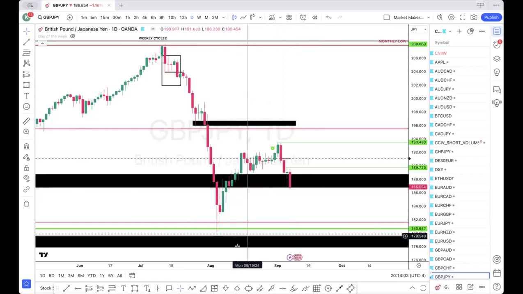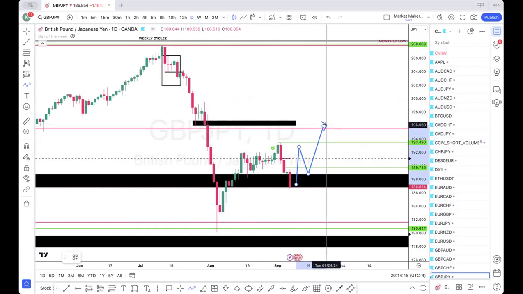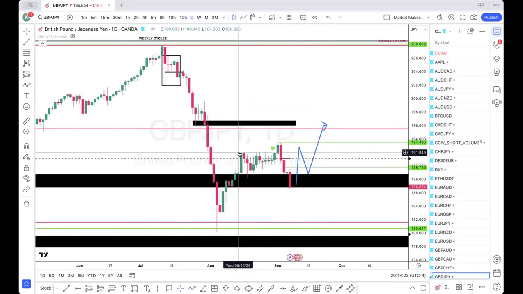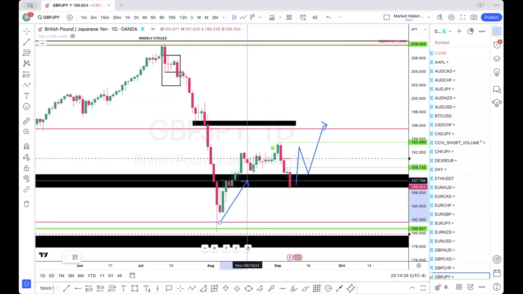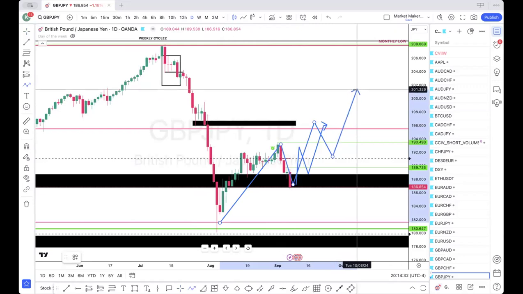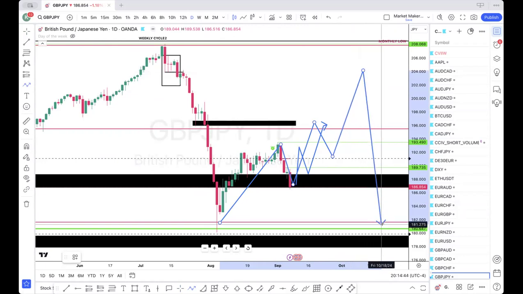So if we get momentum and then a pullback and then a continuation of a buy, just know we're looking at one push, then we might get a second push and then a third push. Okay. And I'm just putting it here because there's an imbalance there. There may be some up here. It may come up here to then start selling back down.